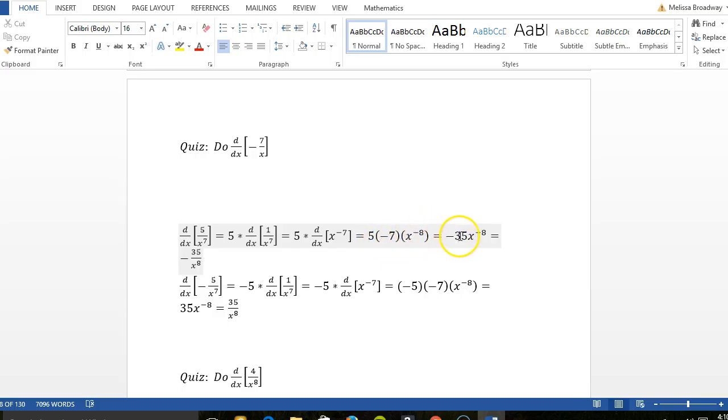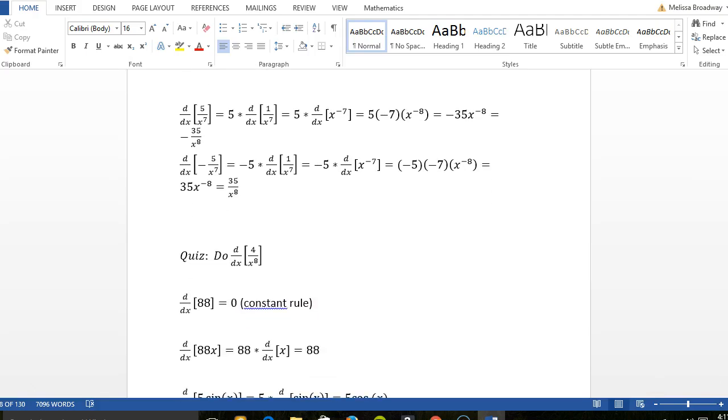And then 5 times the negative 7 is negative 35. So we get negative 35 x to the negative 8 power. And so that's going to be the negative of 35 over x to the 8. And then in a similar fashion, if you got a negative out in front here, you can take out negative 5, the negative with the 5. And then you'll wind up with negative 5 times negative 7, which is positive 35 out in front. So you'll have a positive 35 over x to the 8. But anyway, just watch out for your minus signs there.